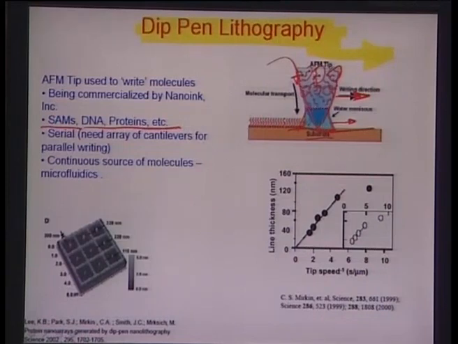And typically this process is a serial process, but there are some initiatives in which they have tried to make this process parallel, wherein there are several such AFM tips which are being fed by the molecules all together, and then when this whole probe head moves with the different tips, it is able to write these molecules in different tracks and routes.